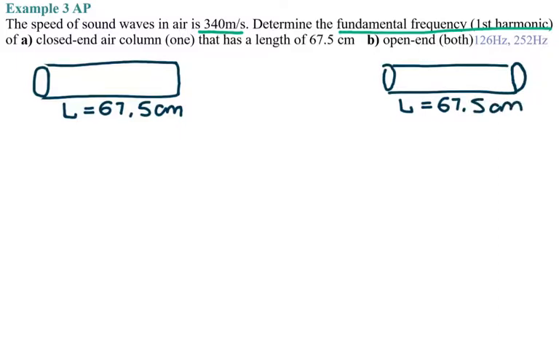The fundamental frequency for the first one is going to be this one. Again, I suggest you watch the video that I posted in the link if you don't understand why I'm drawing it this way. Open on both sides is going to be fundamental, this one. To produce the full wavelength, I would have to have it like this.